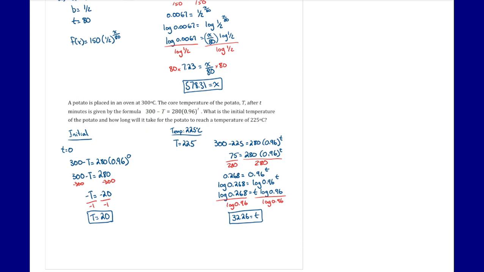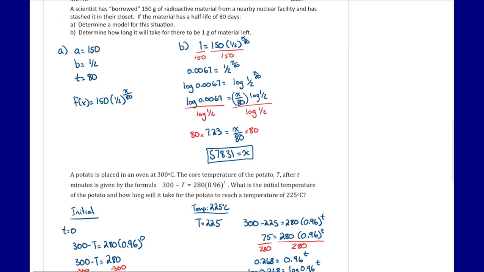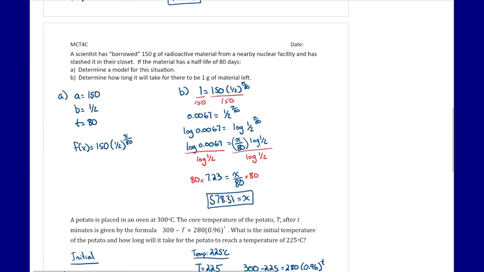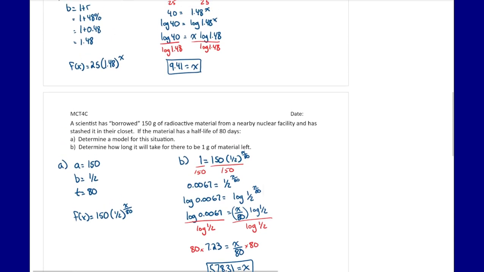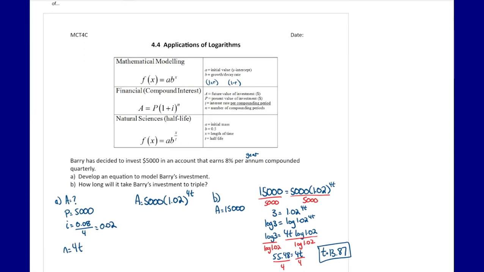But essentially it's the same steps as solving equations using logarithms from the previous lesson. Now we're just using some prior knowledge to come up with the equation and then enter the information that we're given. So again, I'd say the main thing is understand these different models, different situations that we might come across, and then solving the equations using logarithms like the previous lesson.